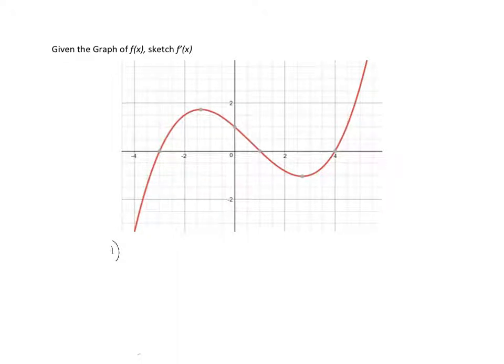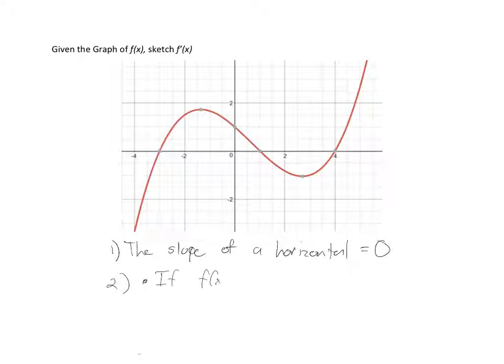Number one, the slope of a horizontal line equals 0. And then the additional fact here, there's kind of two of them.